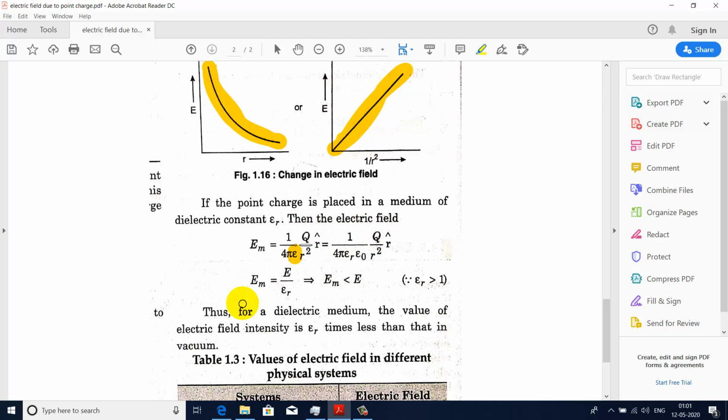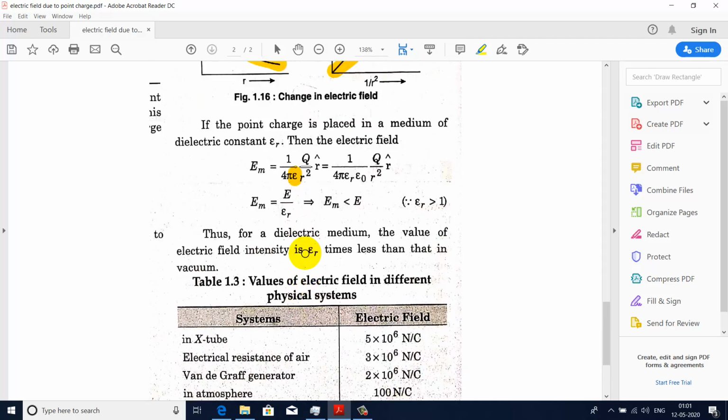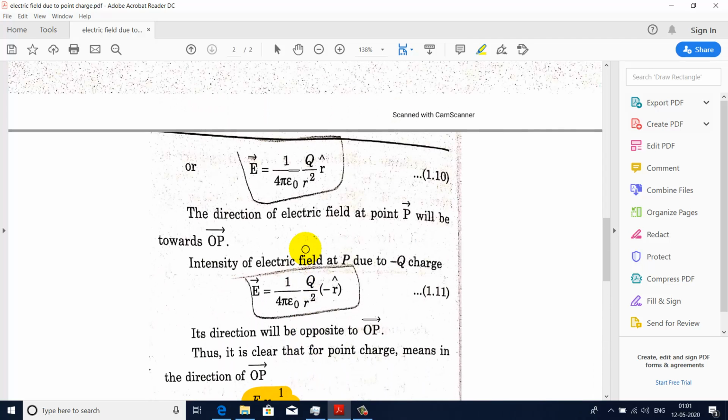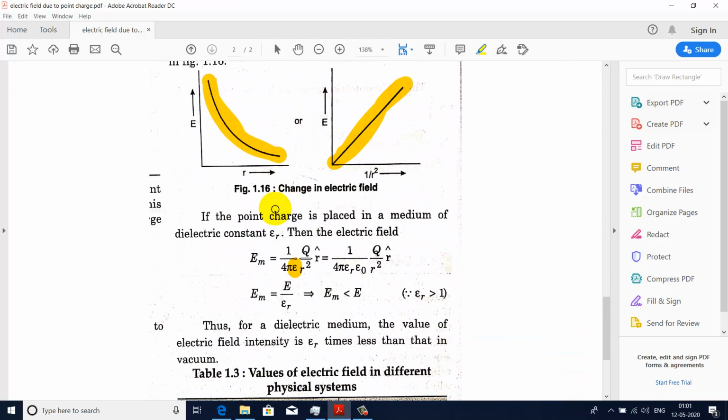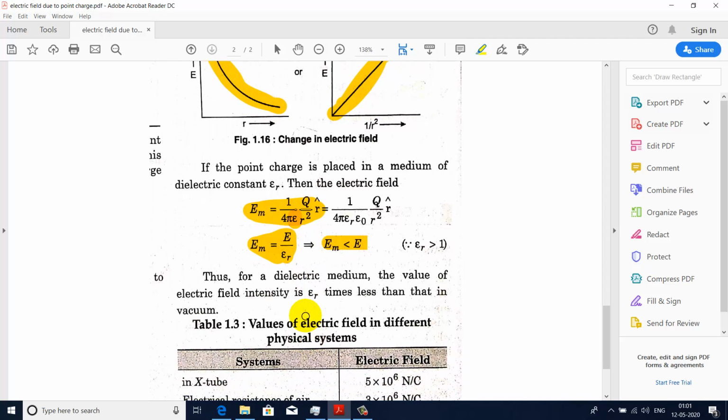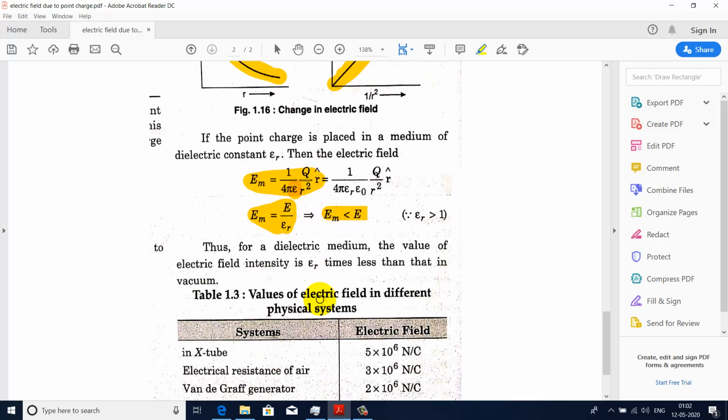And if we divide this Em by E, where E is the electric field in air or vacuum, which is given by this relation, if we divide both these equations, this and the upper one, then we get this relation. From this relation we can see that Em is less than E. Thus, for a dielectric medium, the value of electric field intensity is epsilon r times less than in vacuum.